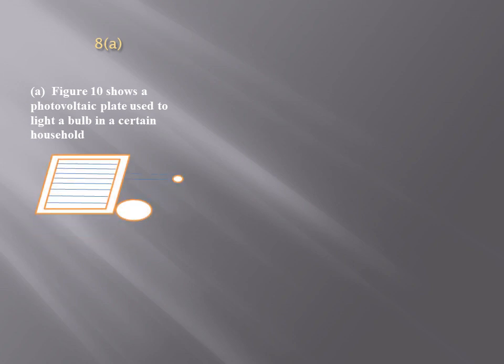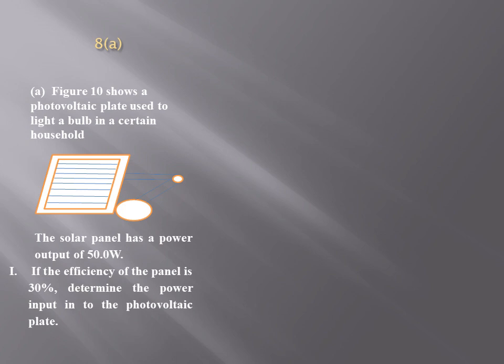8A of 2020. It says figure 10 shows a photovoltaic plate used to light a bulb in a certain house. This is the plate, these are connecting wires, and this is the bulb.